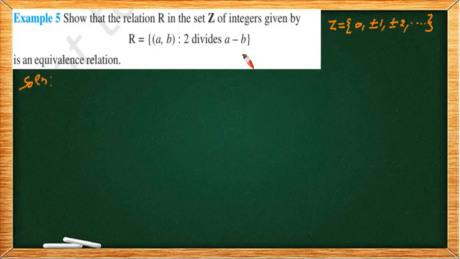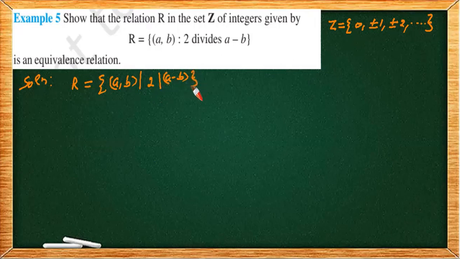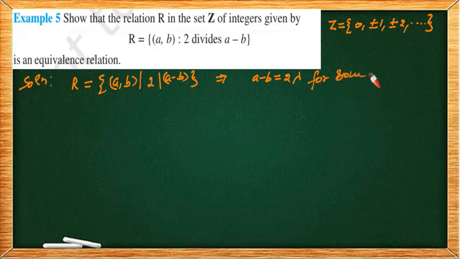Now R is defined over this. So the relation R defined on the set Z, that is the set of integers, contains ordered pairs (a, b) such that 2 divides a − b. This vertical line denotes 'divides'. It means a − b is a multiple of 2, that is 2λ for some λ. Lambda is any constant. You can say this as 1.